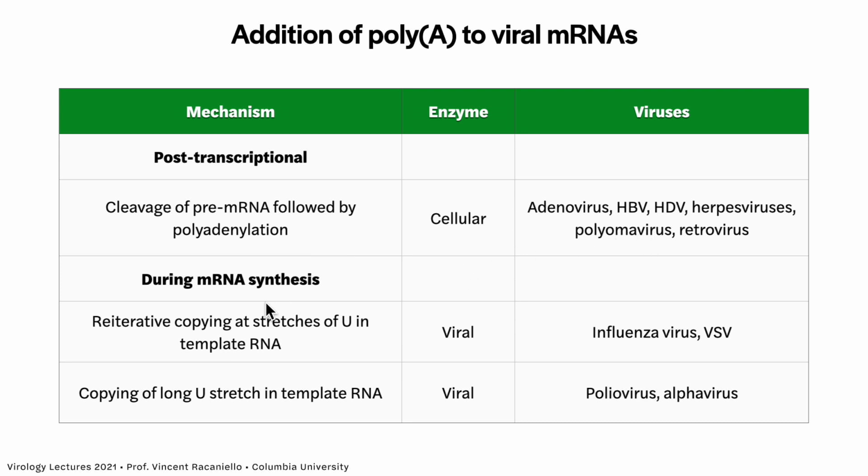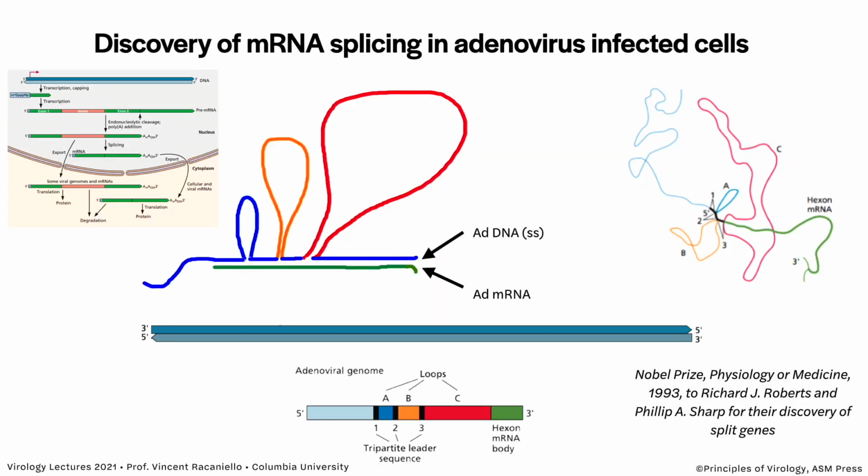But during mRNA synthesis, this was from last time, we talked about the RNA viruses: reiterative copying at stretches of U in influenza virus and VSV. We talked about that as a mechanism. Or copying of a long U in the template: in poliovirus, the poly-A is copied to poly-U, which is copied back to poly-A. So 3 distinct mechanisms, one post-transcriptional, the others during mRNA synthesis.